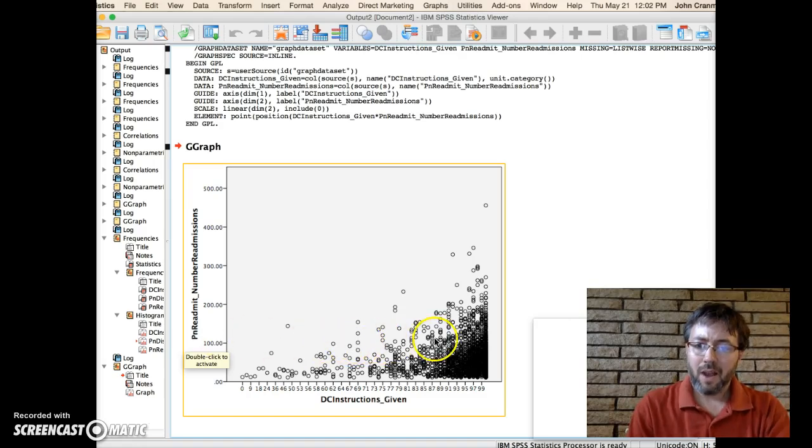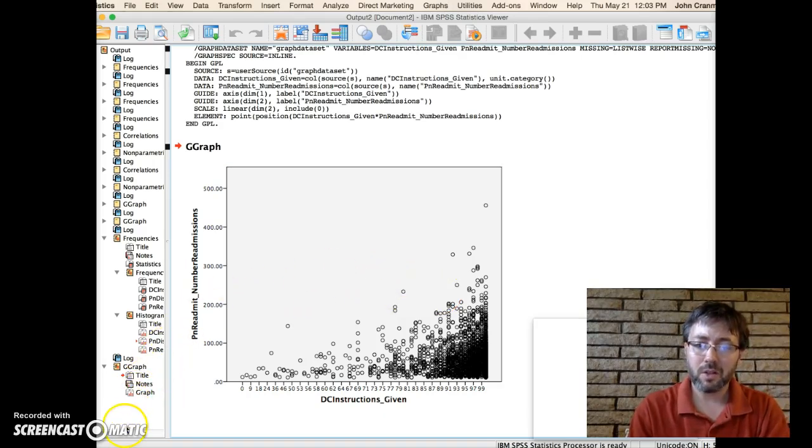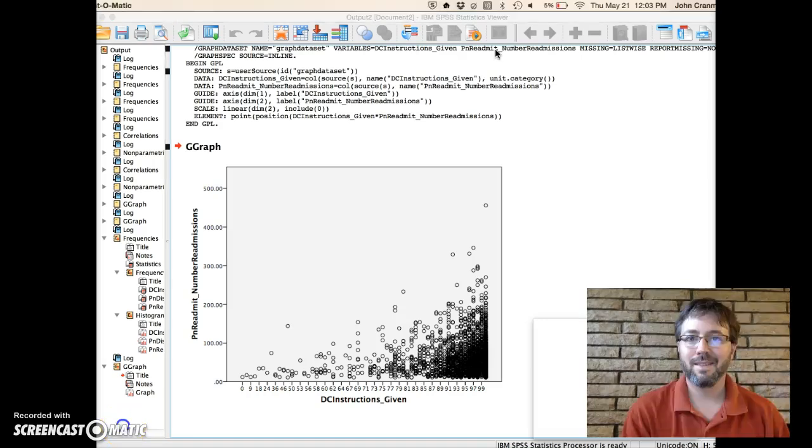If you were to describe the relationship visually, you'd say, based on this scatter plot alone, it seems that the more hospitals give discharge instructions, the more readmissions they have. That's an interesting concept, and we'd have to think more about why that is and what it means. We have to interpret this graph more, but this scatter plot shows us the relationship.